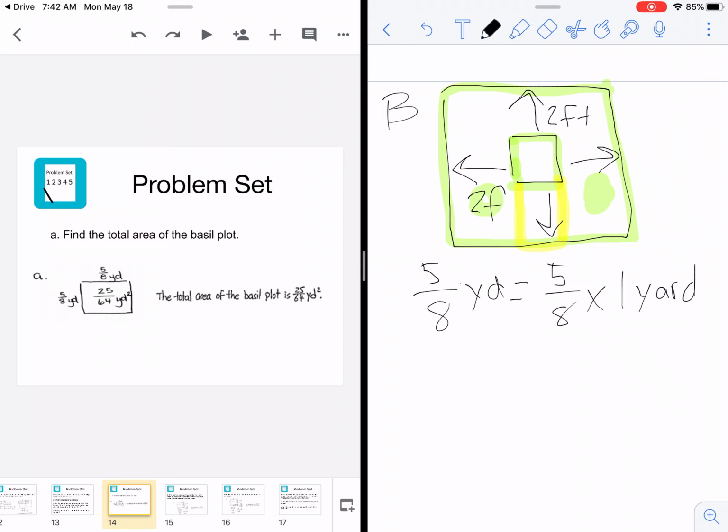So we know that we have 2 feet and 2 feet and then 5/8. So that is the length of one side.